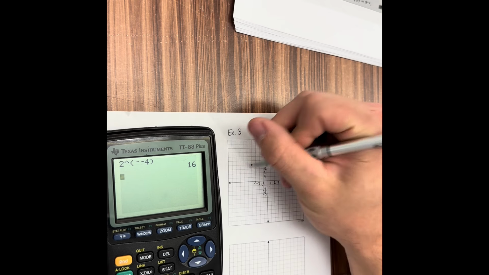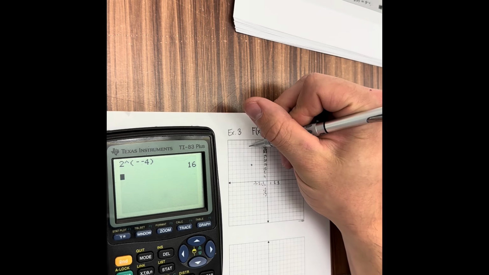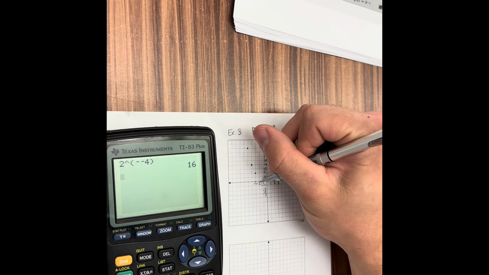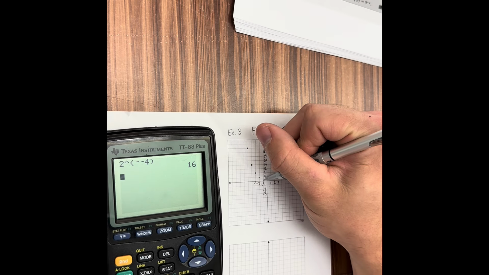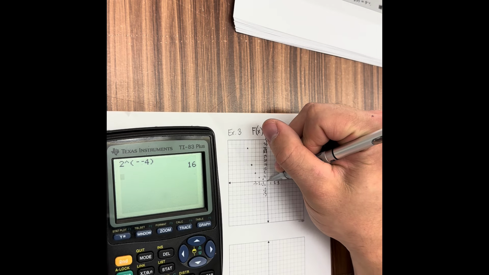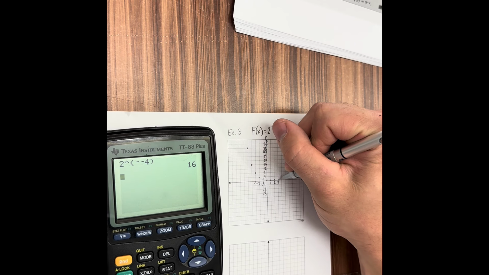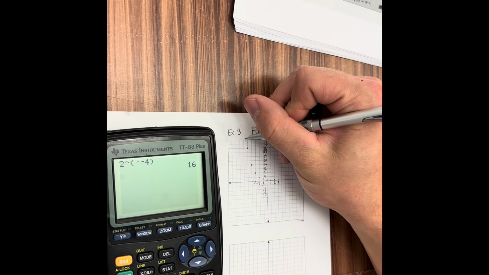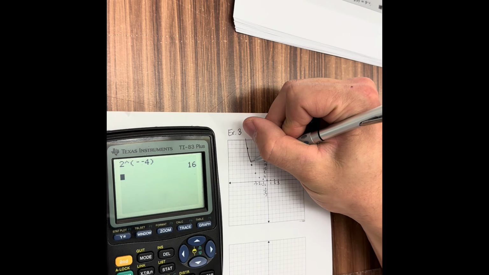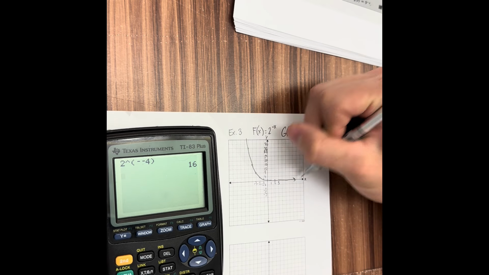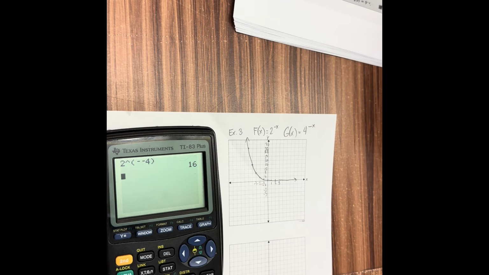If we did -5, that'd be 32. -3 would be 8. -2 would be 4. -1 would be 2. And 0 would, as always, be 1. So you can see what happens with this graph here. Instead of going up as we go to the right, this graph goes down as we move to the right. So that negative exponent means that it decreases from left to right.